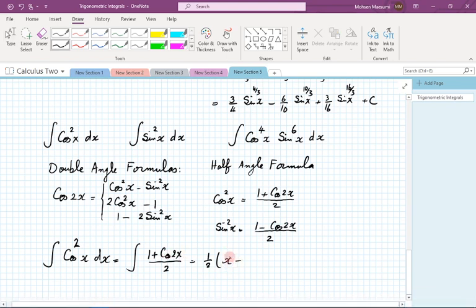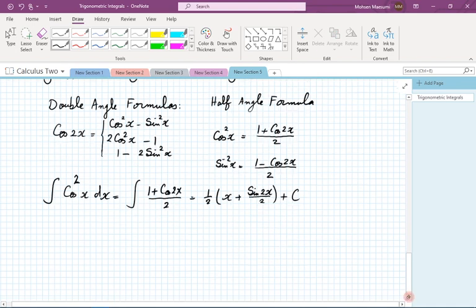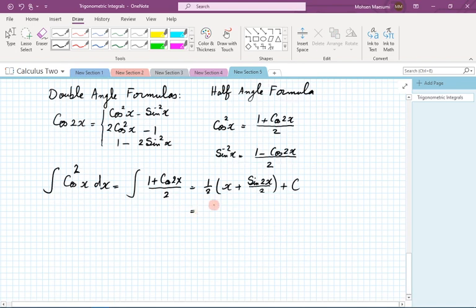How about the antiderivative of cosine of 2x? Of course, that is sine of 2x, but I have to divide by 2. And then you can throw in a constant. If you want to get rid of the parentheses, it's 1/2 of x over 2, plus sine of 2x over 4, and then a constant.